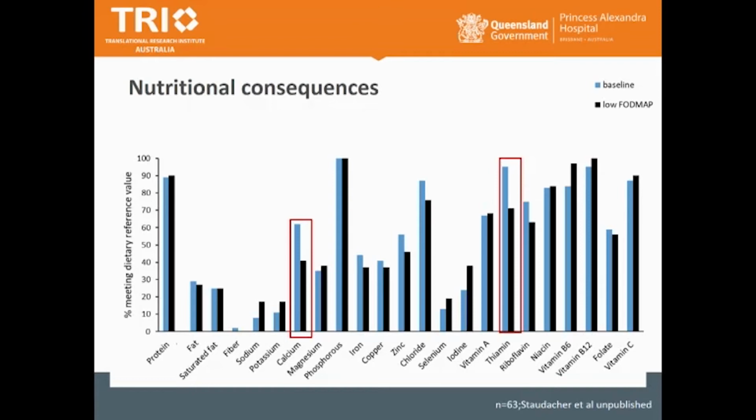So if you're thinking about breakfast cereals and breads, this could be the reason why some people weren't able to meet their requirements. But overall, broadly speaking, patients are doing pretty well. I would suggest that, for many nutrients, the low FODMAP diet is still able to provide sufficient, or at least not less than baseline.